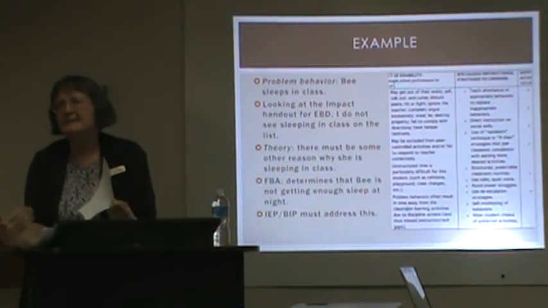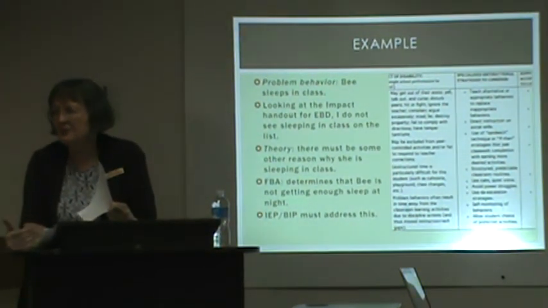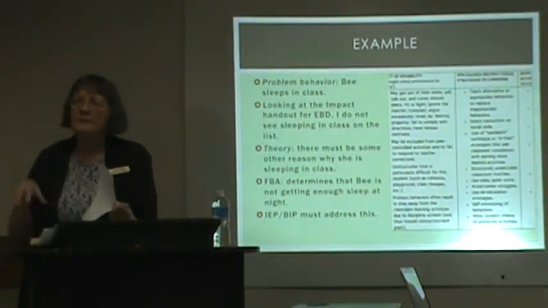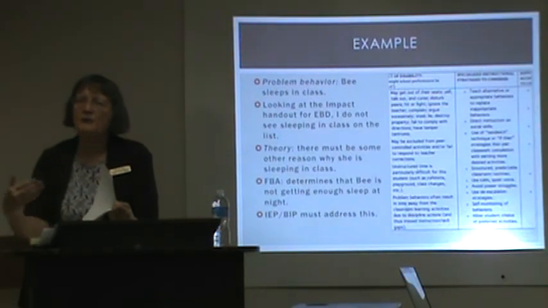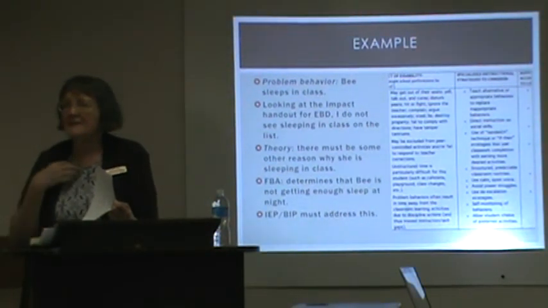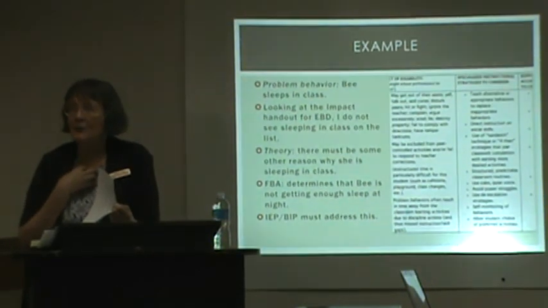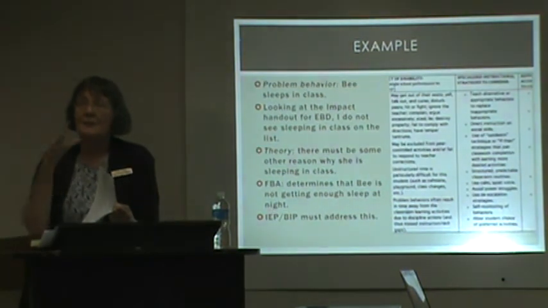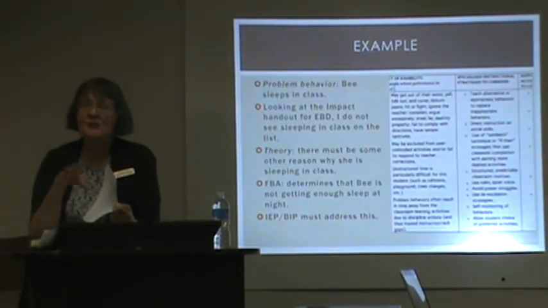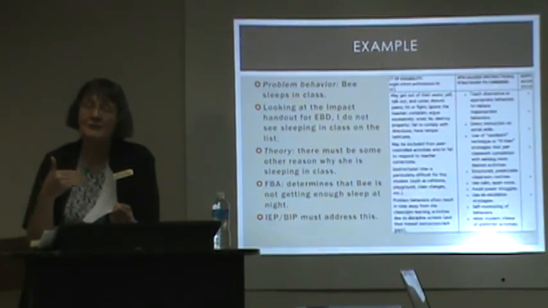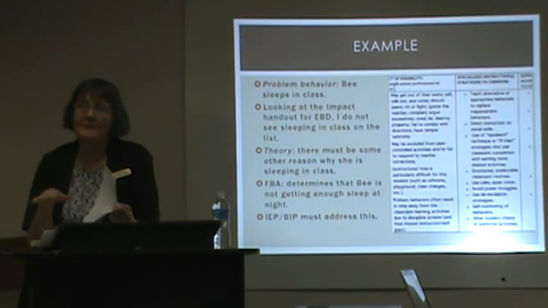Either way, if it's impacting their education, we have to address it, but the way we go about addressing it may be very different. If it's a true disability, we have to accommodate that and maybe teach strategies. But if it's just a situational thing, maybe we can enlist help to correct that situation or correct the environment.